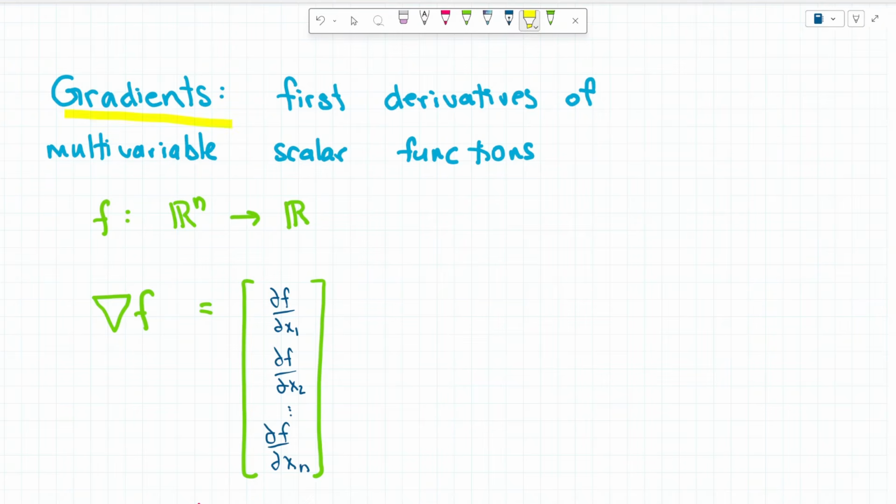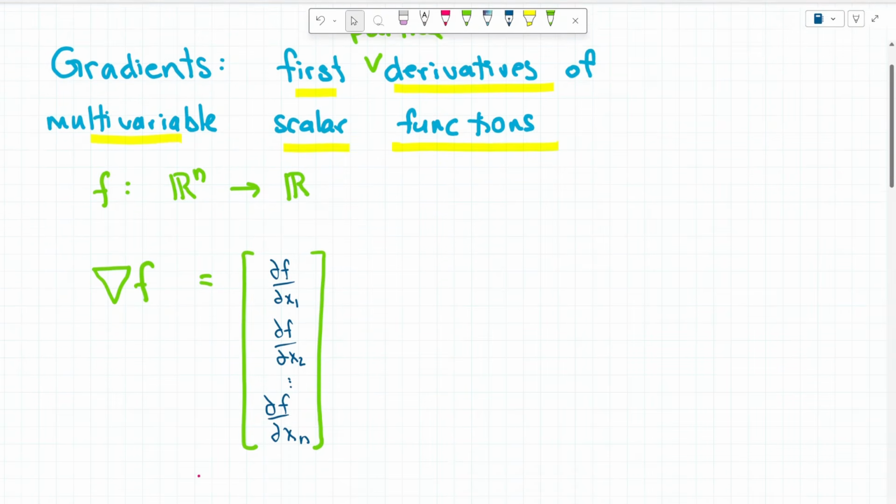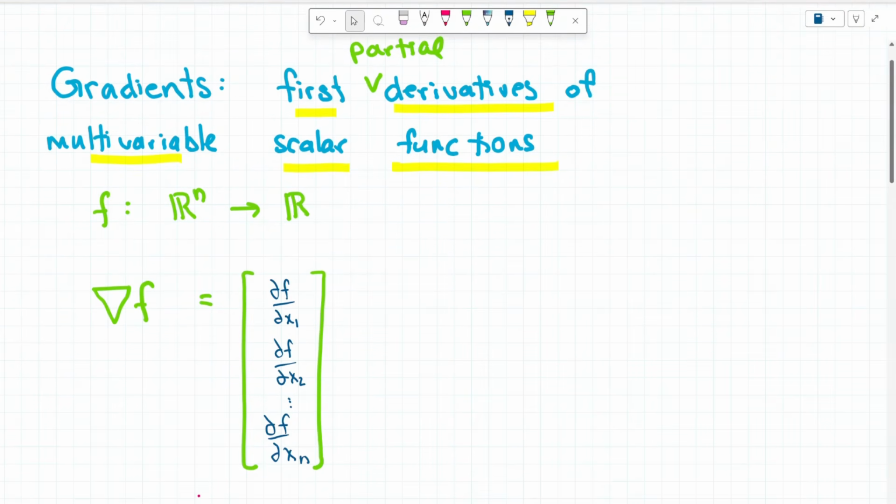Okay, so starting off with gradients. What are they? Gradients are simply the first derivative of multivariable scalar functions. To make this even more accurate, this is essentially the first partial derivatives of our multivariable scalar functions. So what happens is you're going to map some function R^n to R. Gradients can be represented by this upside down triangle over here and your function f.